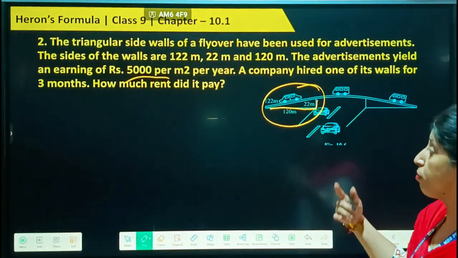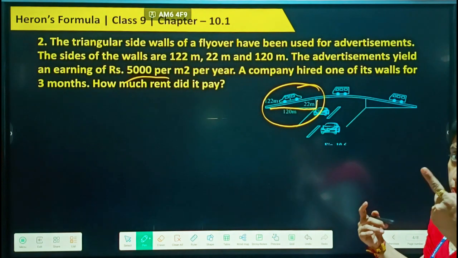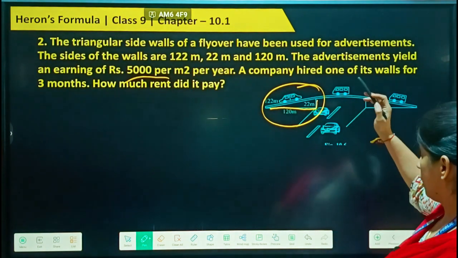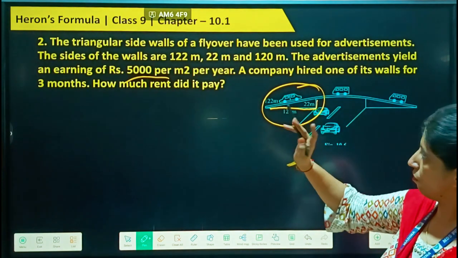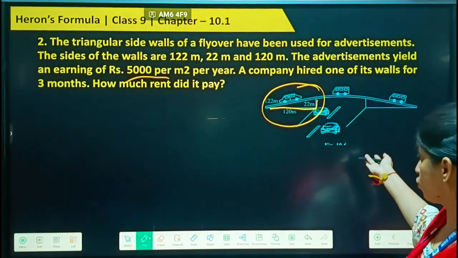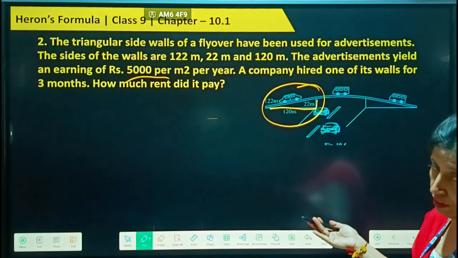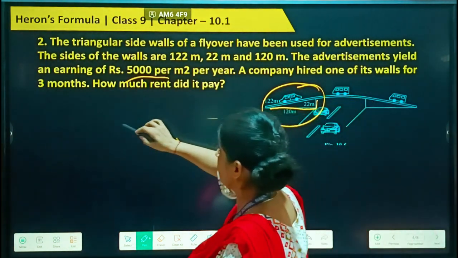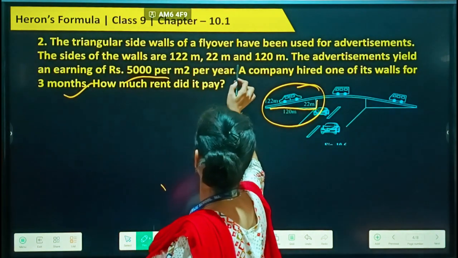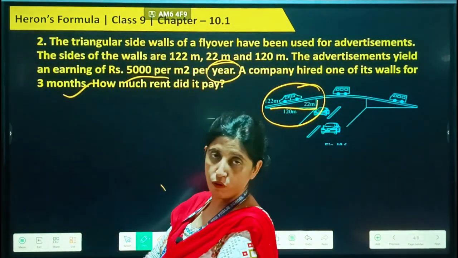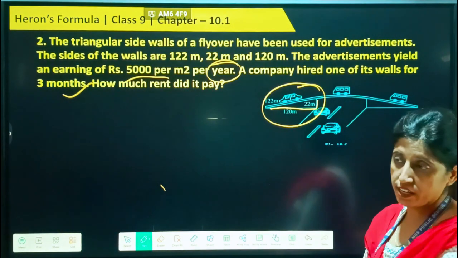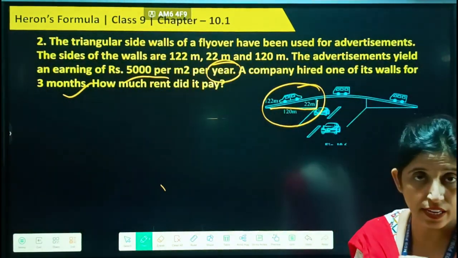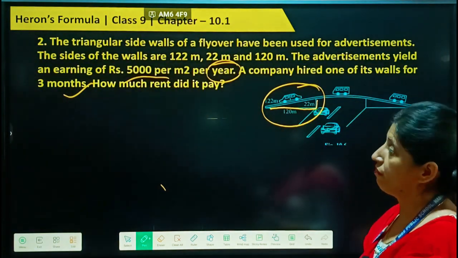So first we will find the area, then the cost of 1 meter square, and the cost of the whole area we find. After that, a company hired the wall for 3 months only and it is given per year. So we will find for 3 months how much rent did it pay, means 3 महीने के लिए वो कितना रेंट पे करता है, that we have to tell.